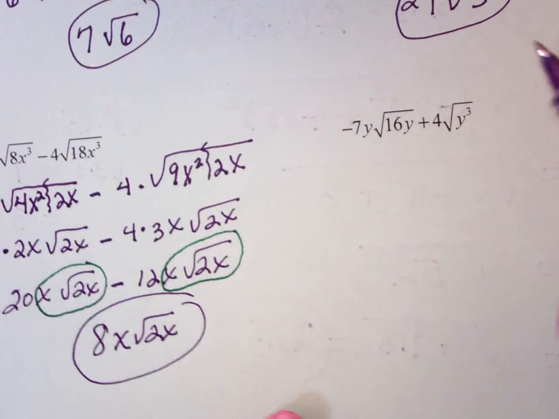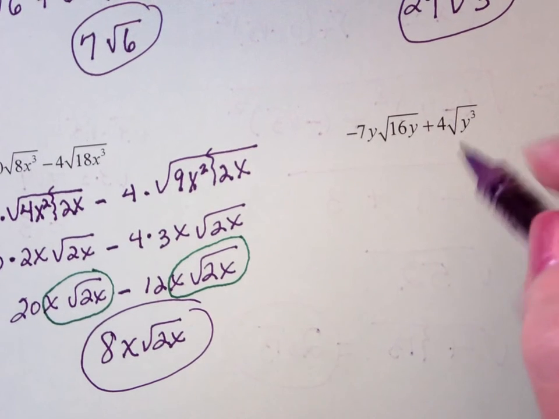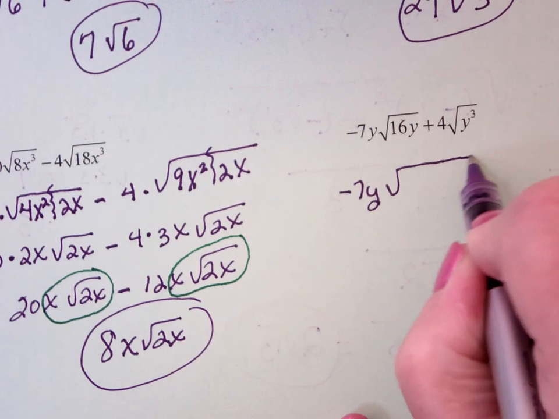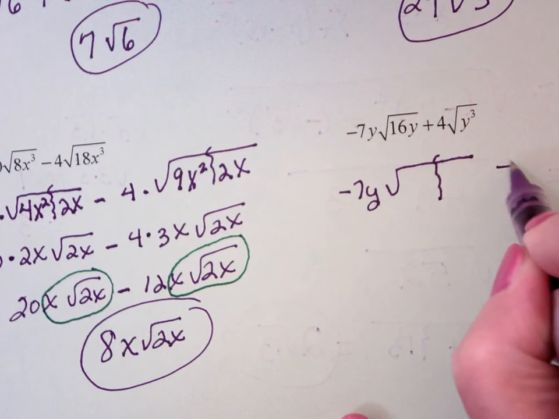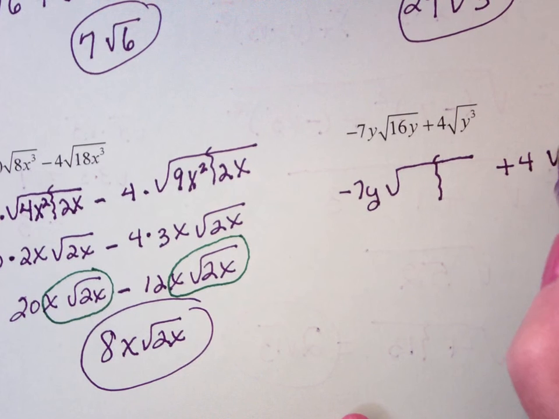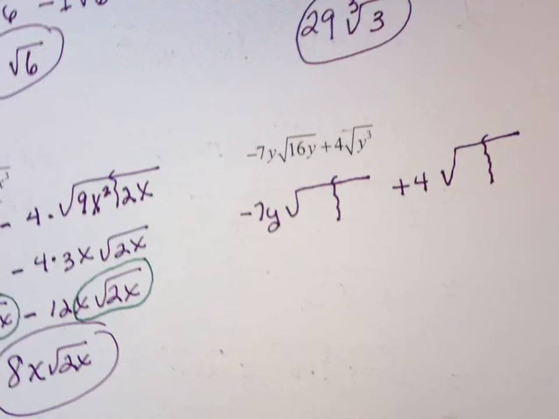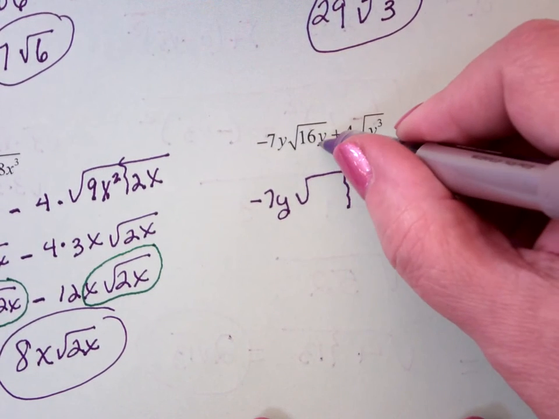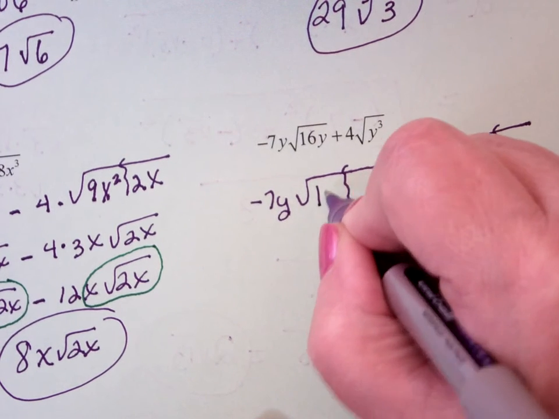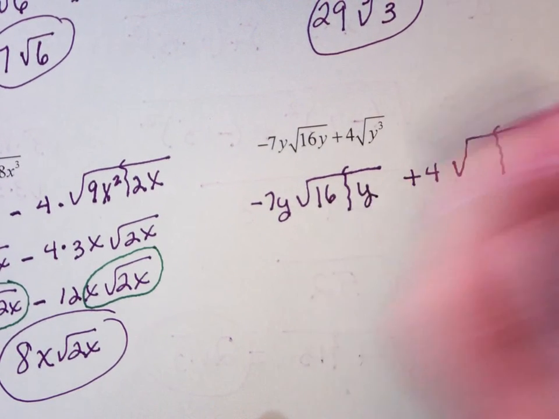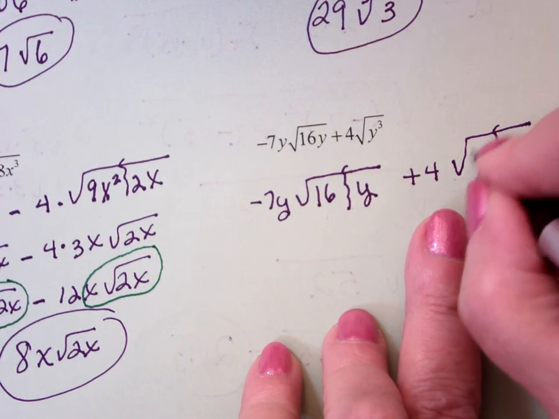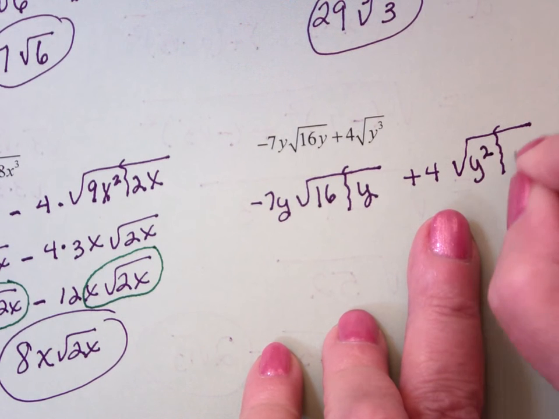Okay, let's see what we got here. Square roots, yay! So minus 7y, and I'm going to take the square root, break it into 2 pieces, plus 4 times square root, break it into 2 pieces. Well, 16 is a square. And y cubed, that's a y squared and a y.